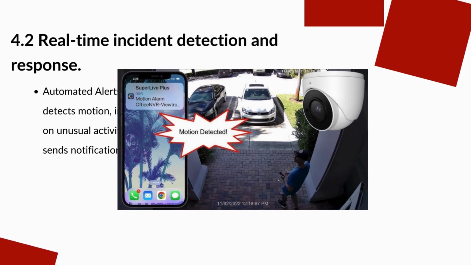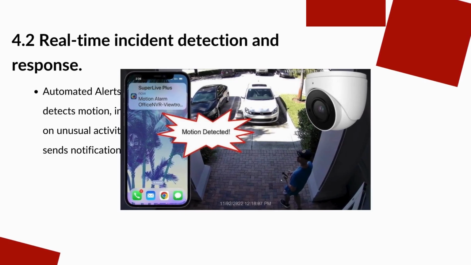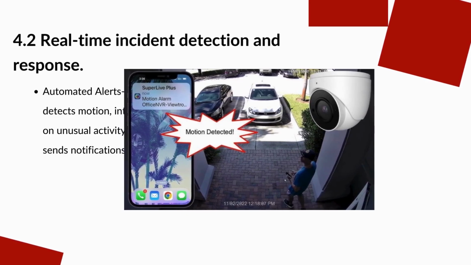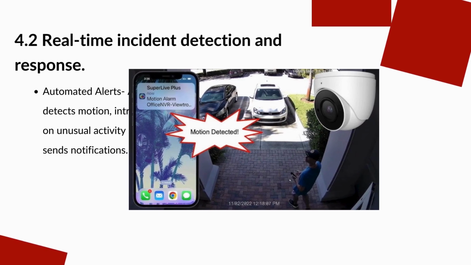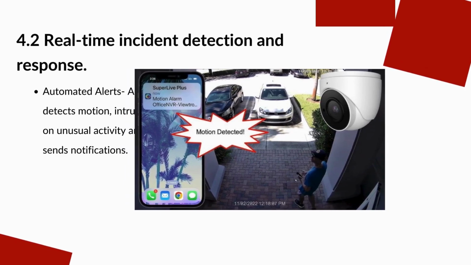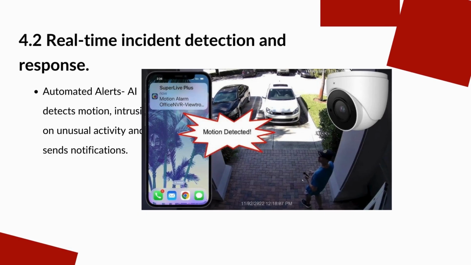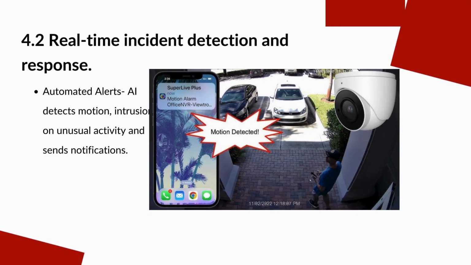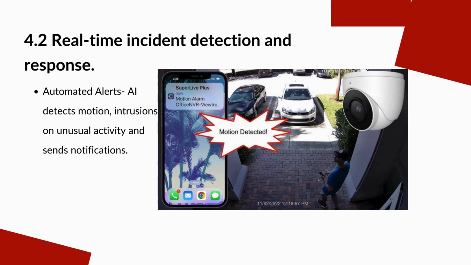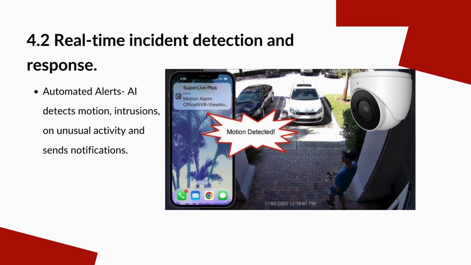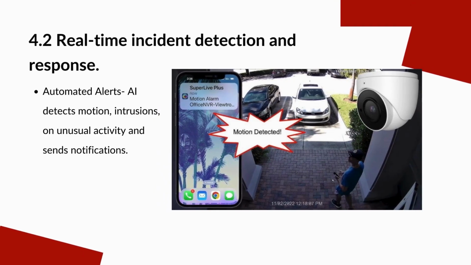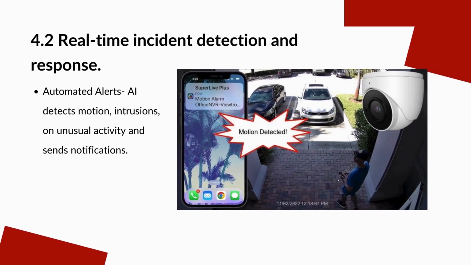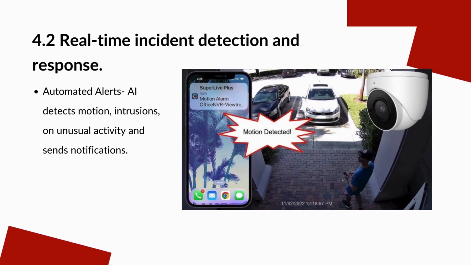Real-time incident detection and response: you have to be able to attend to a situation in real time via automated alerts, like motion detection, intrusion detection, or some kind of funny movement around. The system would notify you and you should respond in real time.